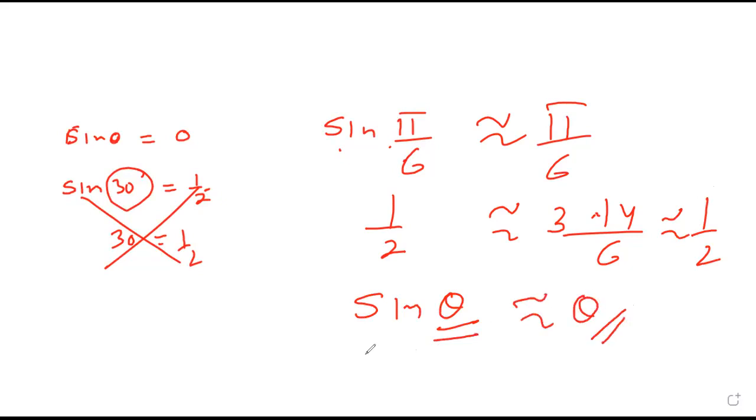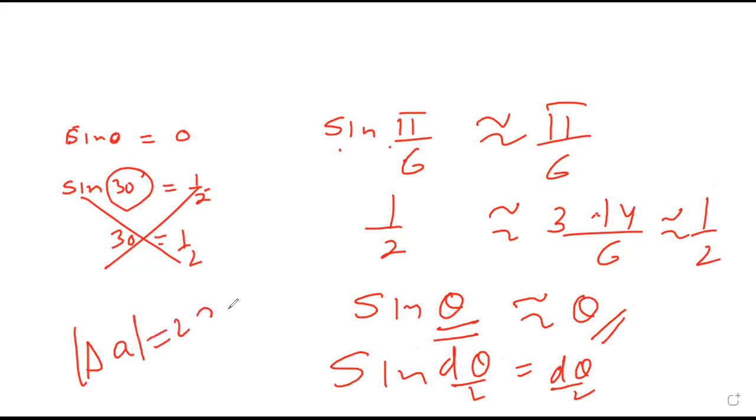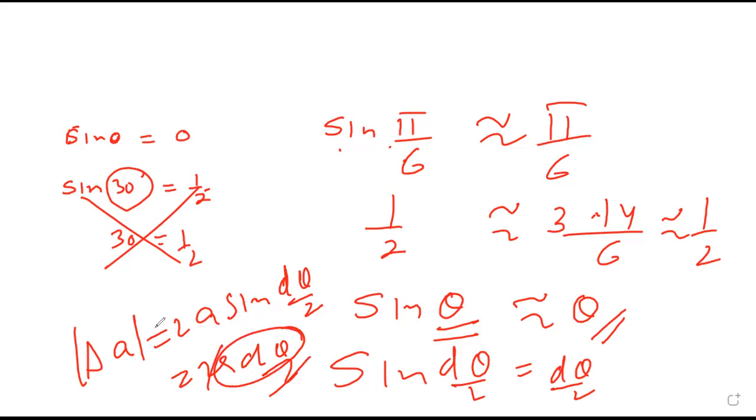Therefore d theta by 2, where d means very small, will equal d theta by 2. So our change in vector is 2A sine of d theta by 2, which is 2A d theta by 2. The 2 cancels, giving A d theta in magnitude.